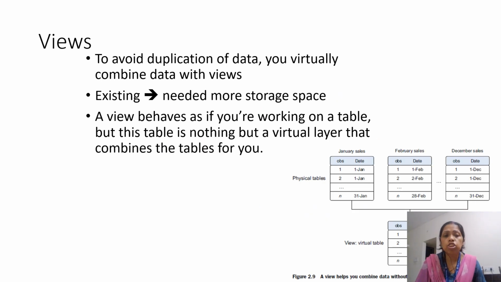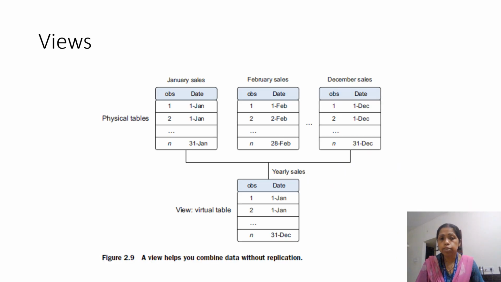A view is not an actual table; it is a virtual table for visualizing the data. In the next slide I'm showing that some data are available for January, some for February, up to December. Every month some data are available, and you need to combine all the months' data for comparison.